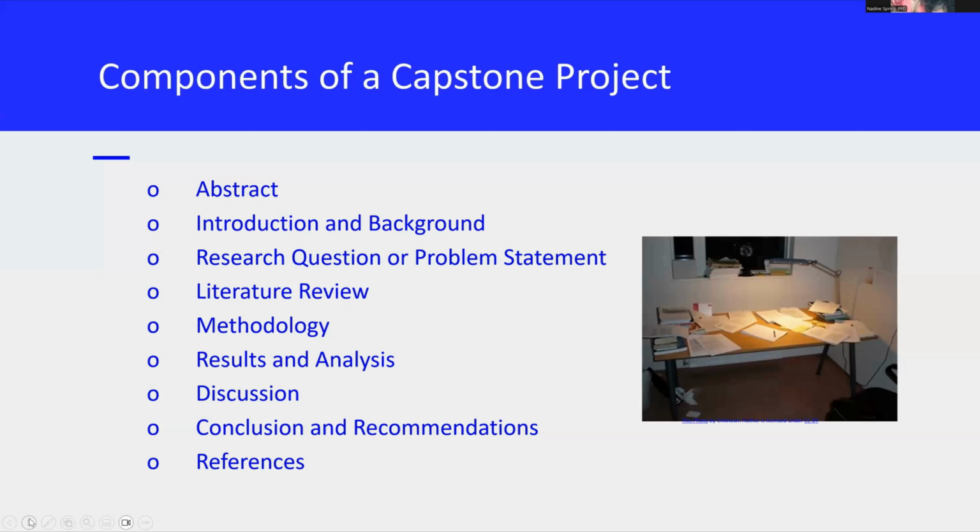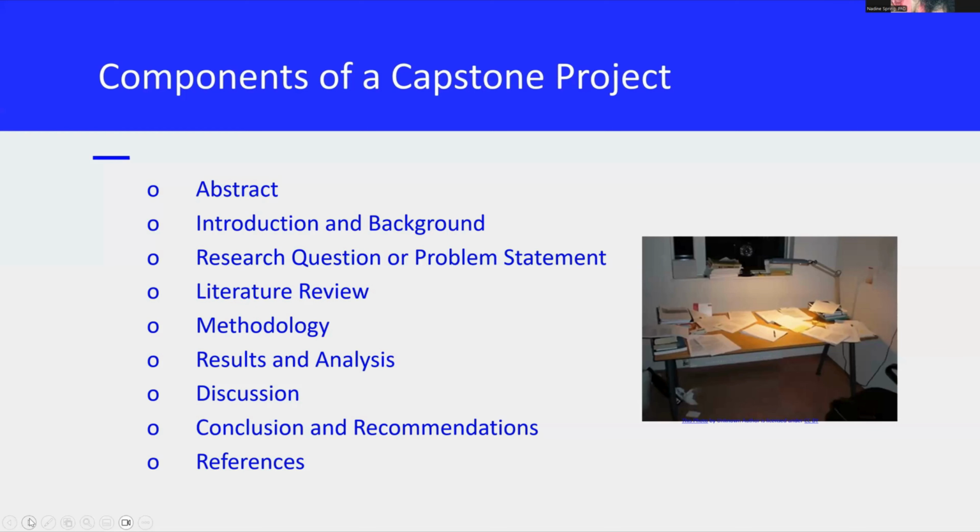And this is where you will review the existing research relevant to your topic and identify the gaps that your project will address. When it comes to the literature review, I always advise students to make sure that they are seeking articles that are current. For instance, if you're conducting a capstone on obesity, it's currently 2024.